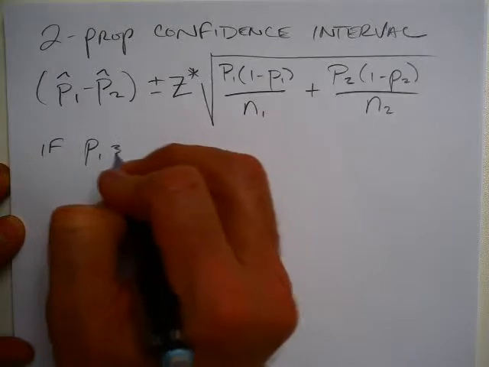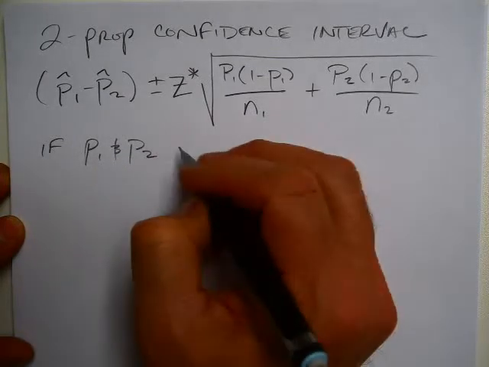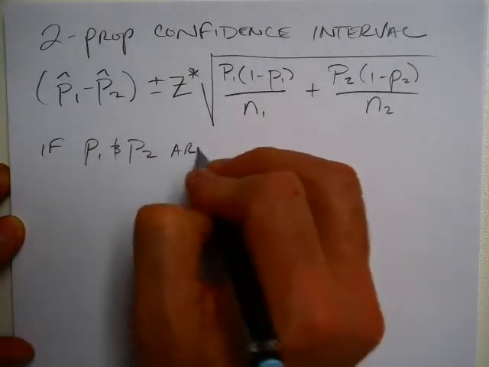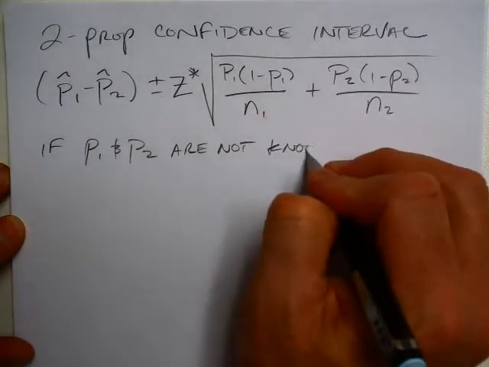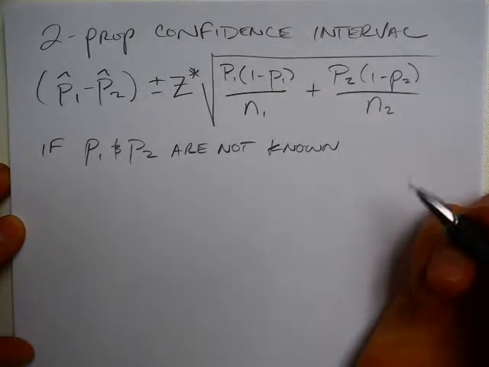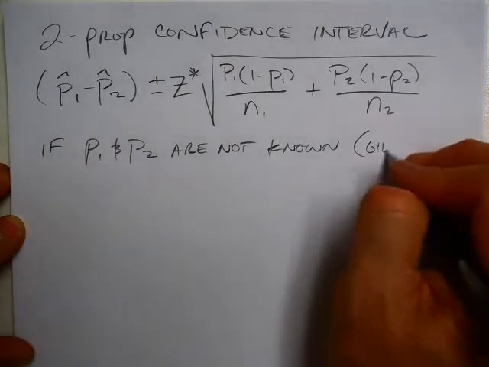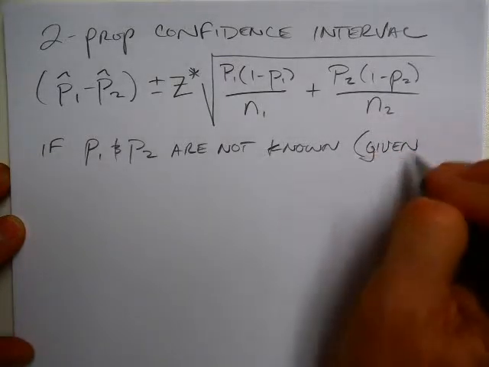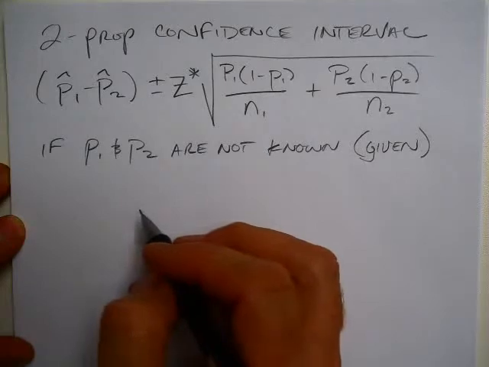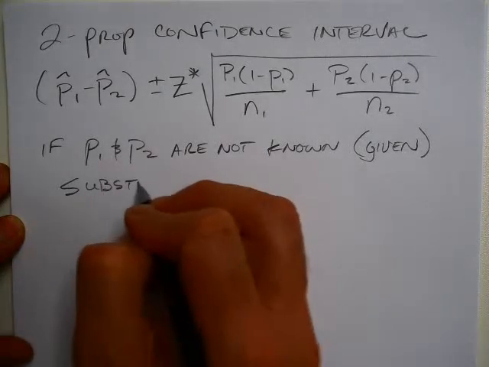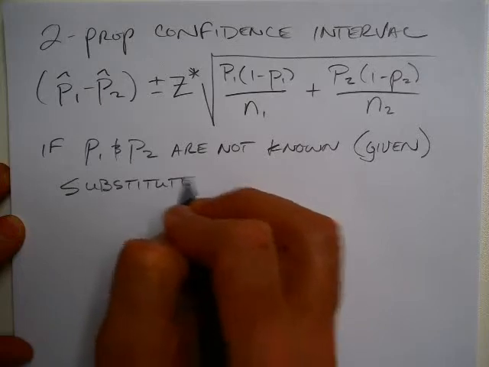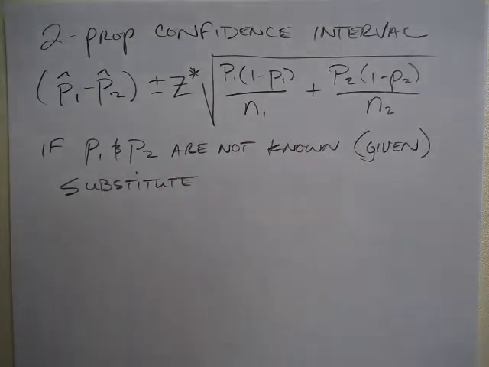If p sub 1 and p sub 2 are not known, because they're population proportion values, they pretty much have to be given. What would we substitute instead of p1 and p2?